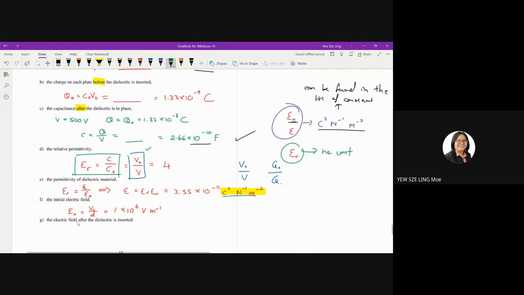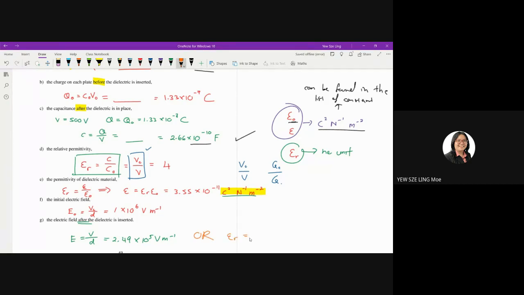And the last question, after the dielectric is inserted, you use the final V. So E equals V over d, which is equal to 2.49 times 10 to the power of 5 V m negative 1.